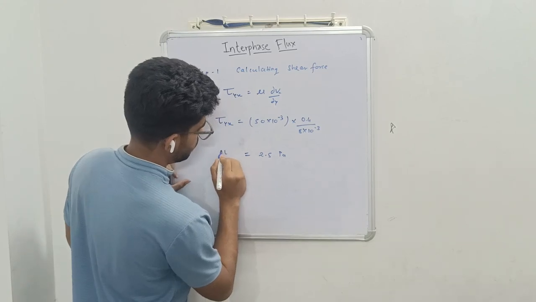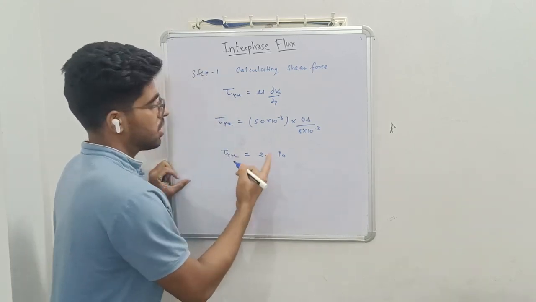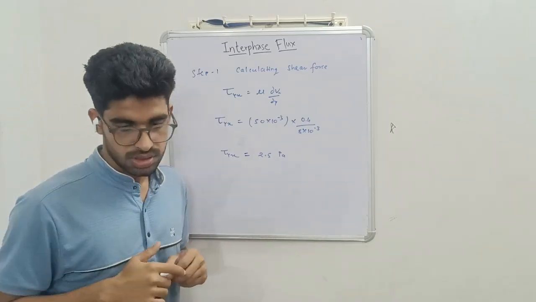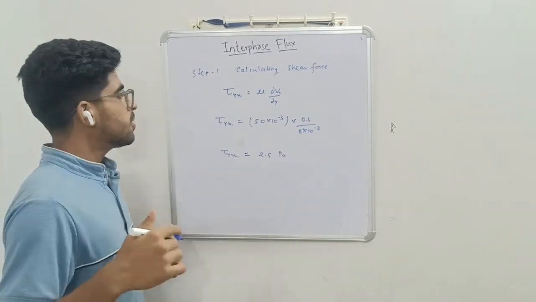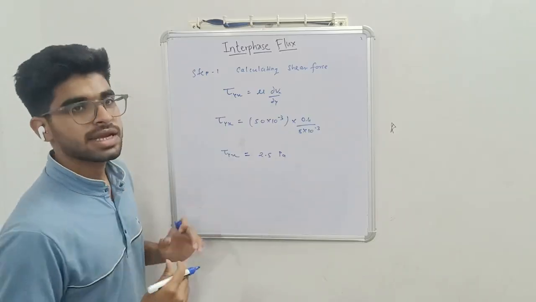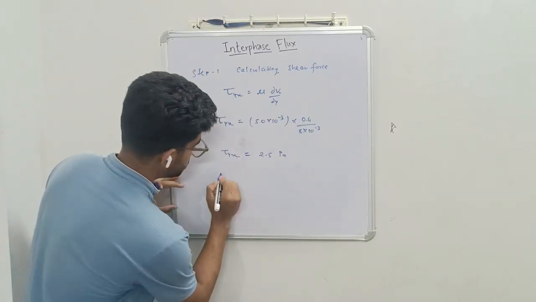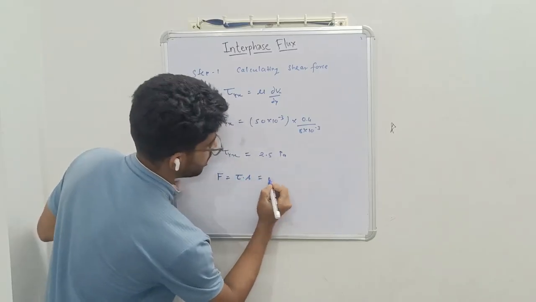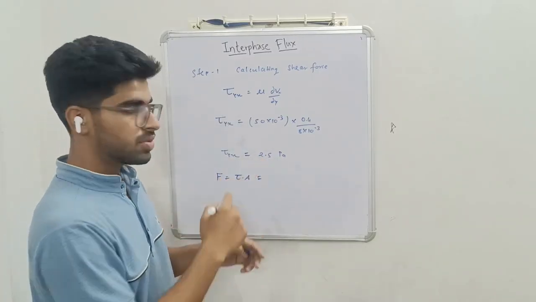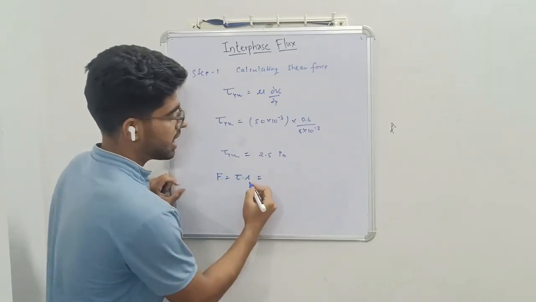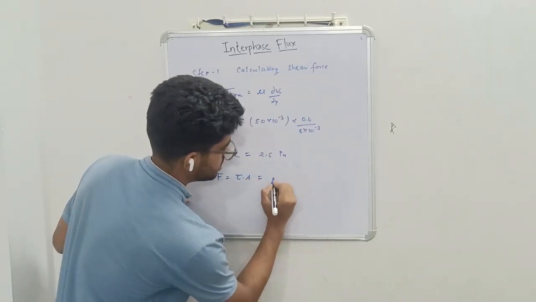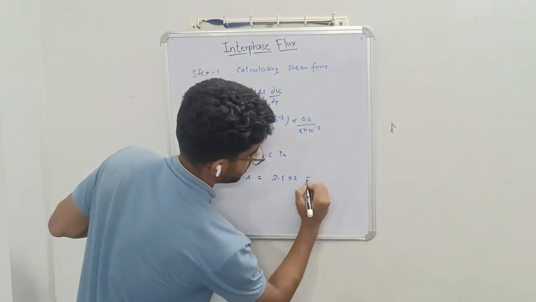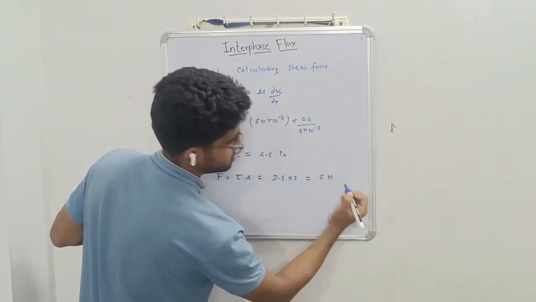Now from this we are going to find the force. Now we are moving towards the main part of our question, that is measuring the force, and the force is equal to tau into area. Now tau we found above, and the area is given in previous data, that is 2 meter square. After solving this, we are getting the force, which is 5 Newton.